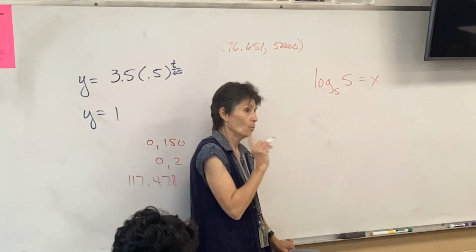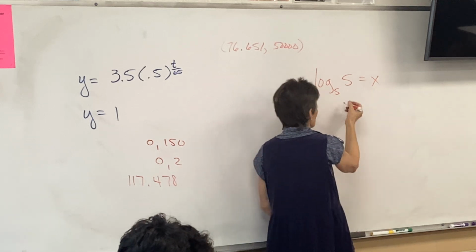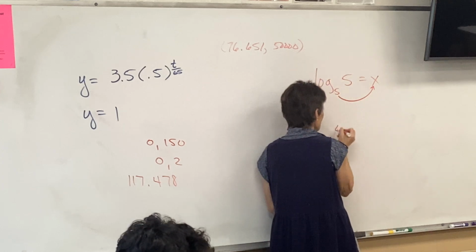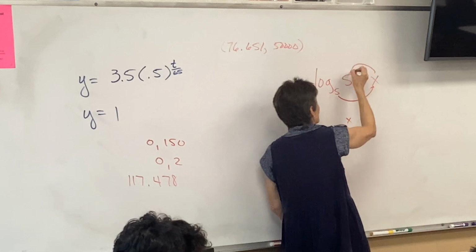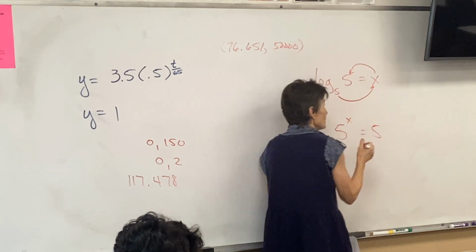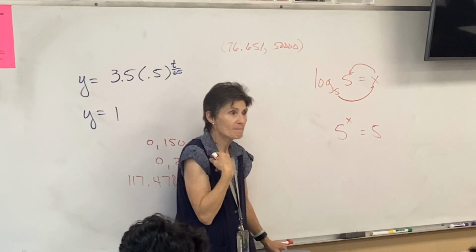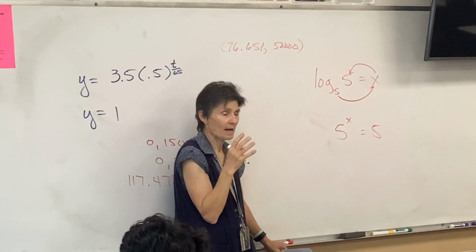Now, one way to do it is to what we call loop-de-loop. So start here with this number, 5 to the x equals 5. So in other words, none of us, including me, think in logarithms. We don't think that way.